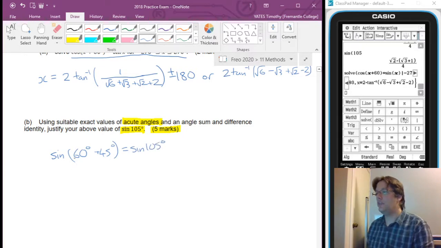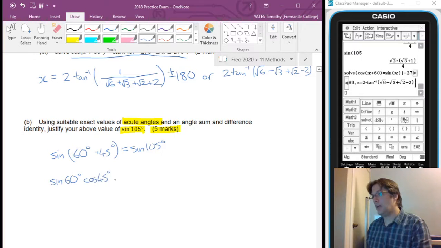And we know sine 60, we know how we can redo this. That's going to be sine 60 cos 45, and then it's going to be plus cos 60 sine 45. Now we should know all these values.